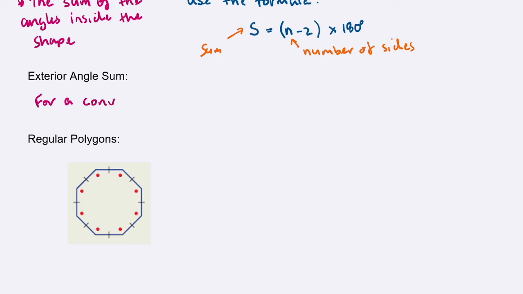So for a convex polygon, the exterior angles, so the angles around the outside, will add or sum to 360 degrees. Okay, that's how they work.